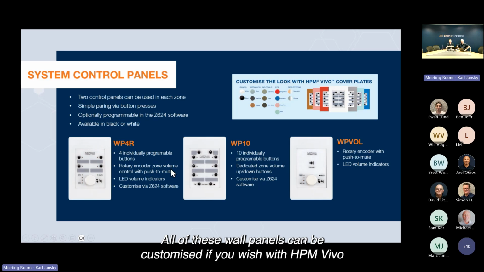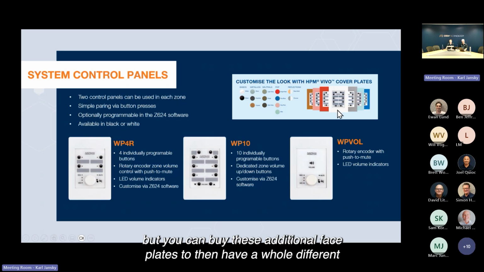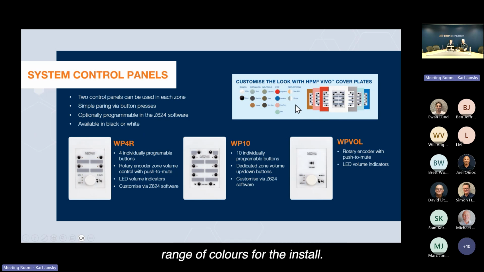All of these wall panels can be customized, if you wish, with HPM Vivo cover plates. So by default, we offer black and white versions of the wall panels, but you can buy these additional face plates to then have a whole different range of colors for the install.